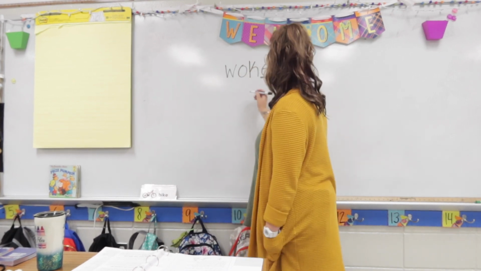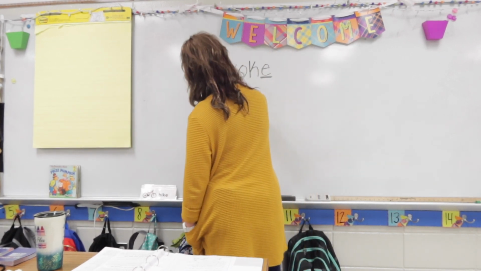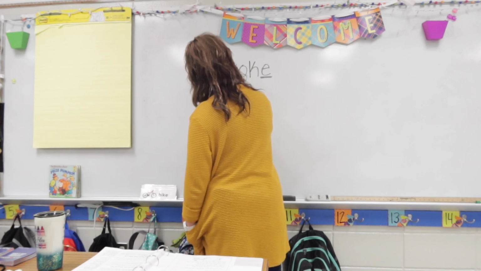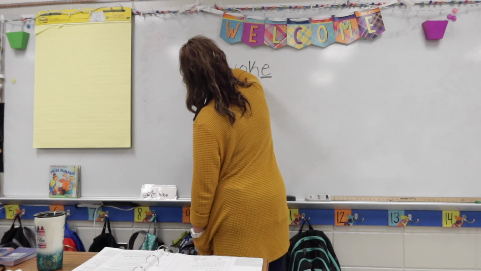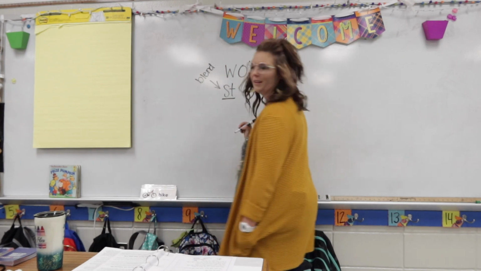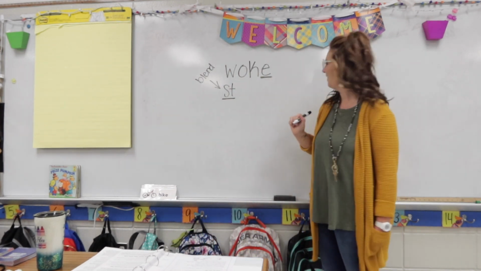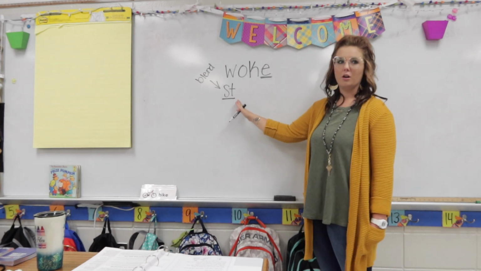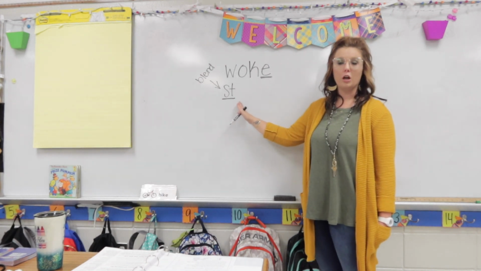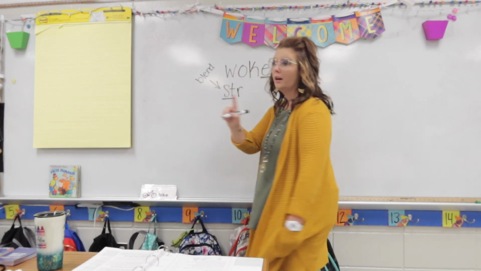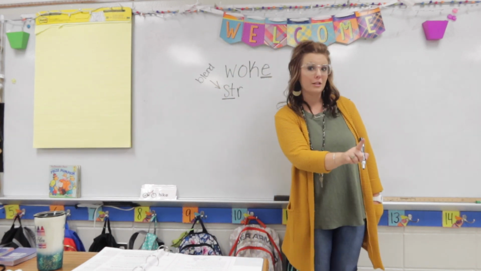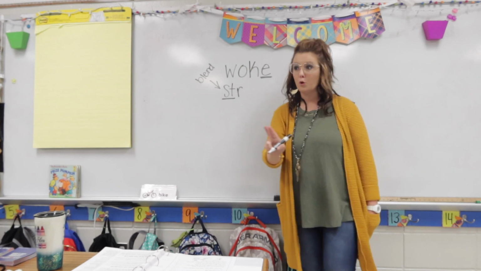What about stroke? Stroke. S-T. What is ST? A blend. And what do we know about blends? They keep their same sound. Emma, I'm so proud of you. That's so right. And actually, does a blend only have to be two letters? No. It can be two or three letters.